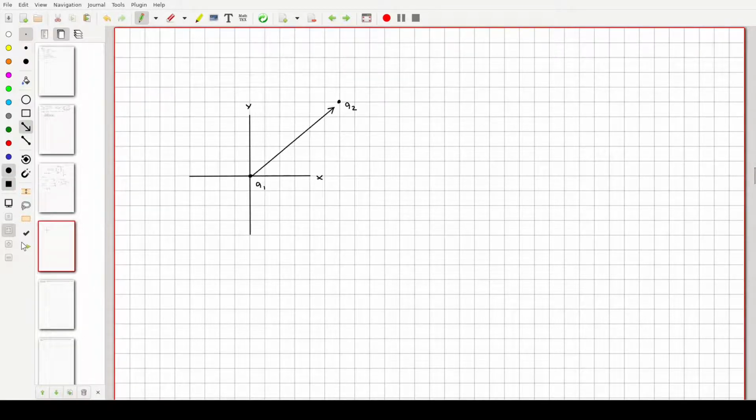This is the distance from Q1 to Q2, which I'm going to call R vector 1, 2. Okay. The force between them as a vector would look like 1 over 4 pi epsilon naught Q1 Q2 over R12, that's its magnitude, times R hat 1, 2. That is the unit vector that points along the radius from the center of one to the other.